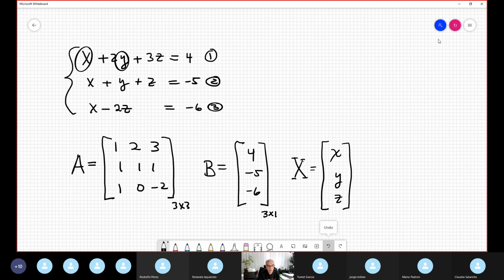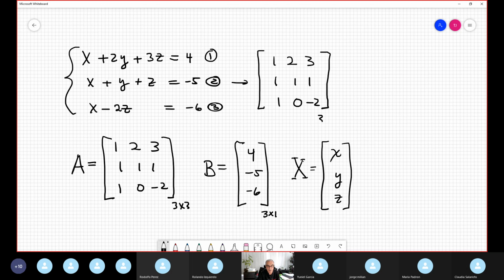Now in that moment, I want to rewrite this system in a different way. You write like that. One big matrix, which is 1, 2, 3, 1, 1, 1, 1, 0, -2, which is 3 by 3, and you multiply this matrix, which is A, times capital X. Capital X is a matrix formed by the variables x, y, and z.